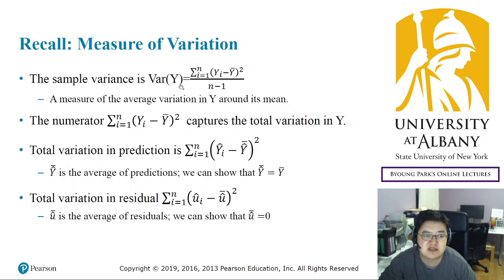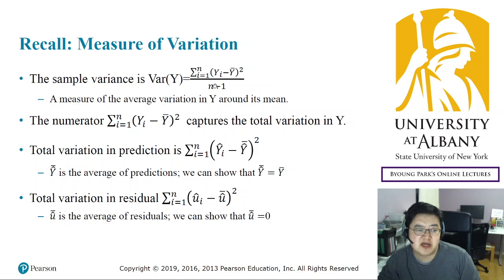So variance is some kind of measure of variation, and basically they're the same concept. By the way, later, maybe in this lecture, I'm going to explain why the denominator has to be n minus 1. There is an important intuition behind it, so let me explain that later.